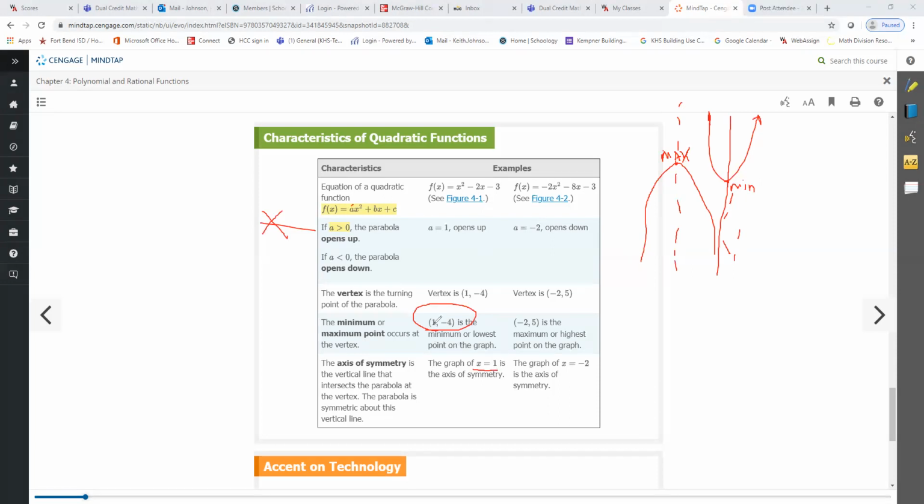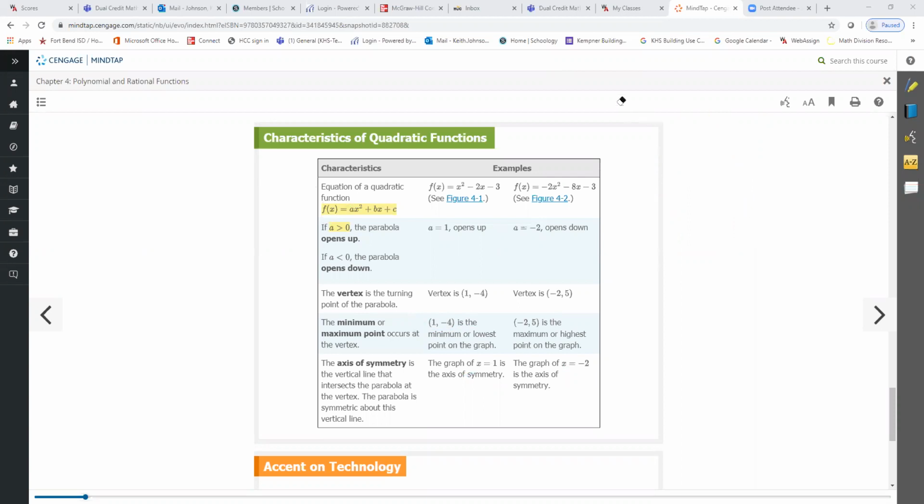It's that number right there. If your vertex is at negative 2, 5, your axis of symmetry is x equals negative 2. It's always the x value. Those are things that we can deal with. Let me get rid of all this. My dotted lines aren't very good, huh? Alright.